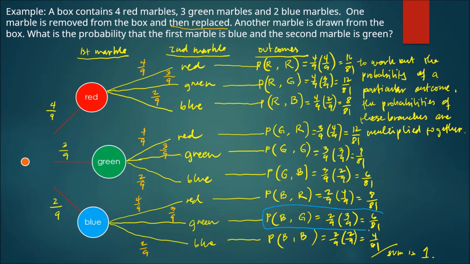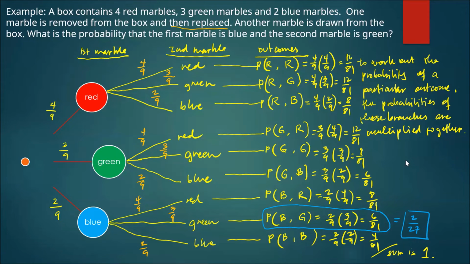The probability that the first marble is blue and the second marble is green would be 6 over 81, which is equal to 2 by 27. So that is the answer to the question.